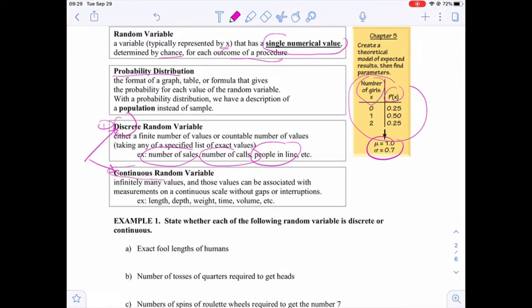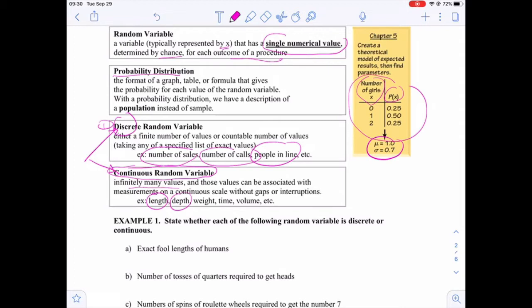And we have another type called a continuous random variable. In this case, we have infinitely many values, and those values can be associated with measurements on a continuous scale without gaps or interruptions, for example lengths or depths. If we use centimeters, the depth might be 0.92 centimeters, or in meters, 1.5 meters.